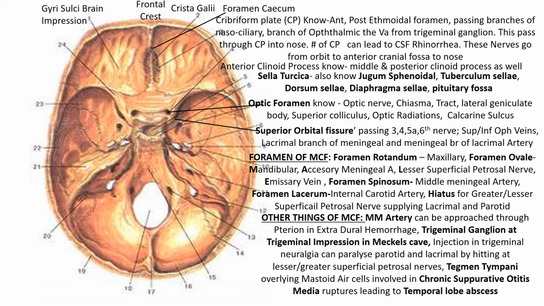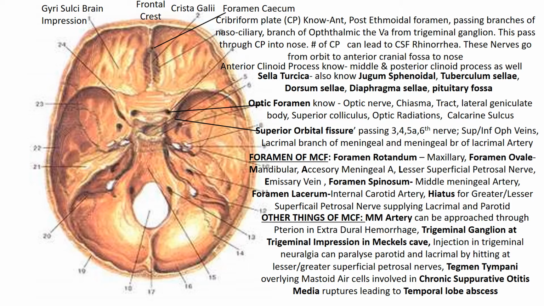At the base of the crista galli, you see the jugum sphenoidale. And of course, if you go behind it, you have the tuberculum sellae, the sella turcica, the dorsum sellae, and you would remember the diaphragma sellae, which is a membrane connecting the anterior and posterior clinoid processes, which has a hole through which the infundibulum of the pituitary passes, and you can see the pituitary fossa.